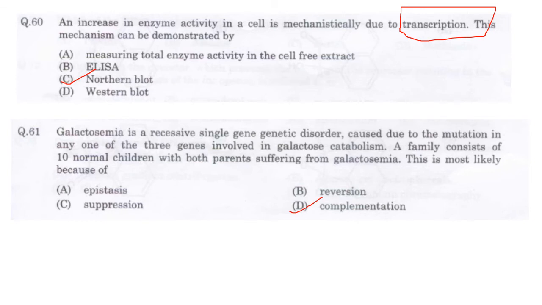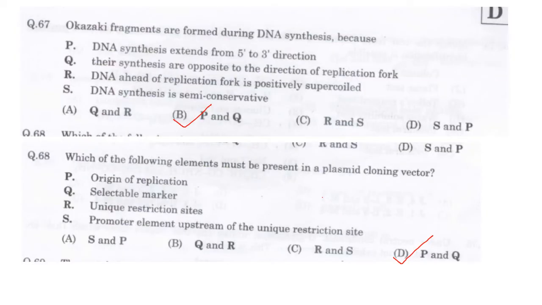All will not be normal. Now, if all the 10 children are normal, then the reason for this may be complementation. This is most likely because of complementation. Answer is option D.